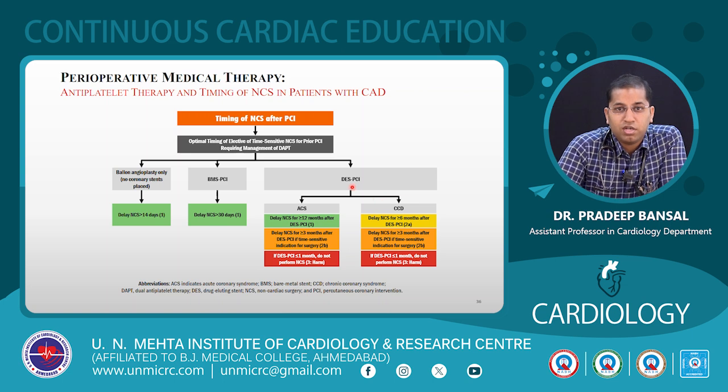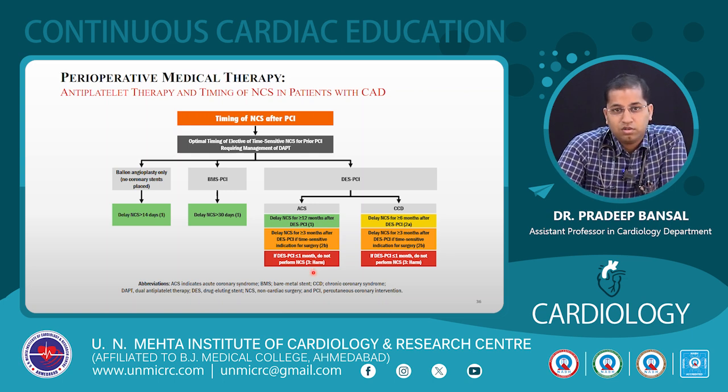If the patient underwent DES PCI for ACS, delay non-cardiac surgery for a minimum of 12 months after the DES PCI, and delay NCS for more than 3 months after DES PCI if a time-sensitive indication for surgery is present. So, minimum 3 months, or for a class 1 indication, 12 months. If DES PCI was less than 1 month ago, do not perform surgery.